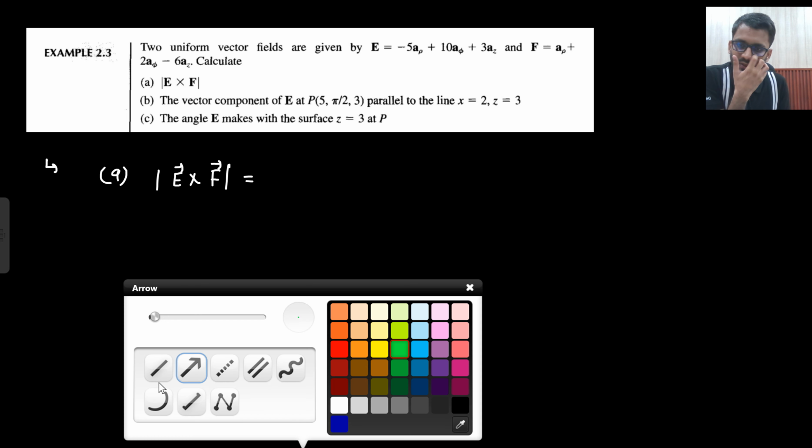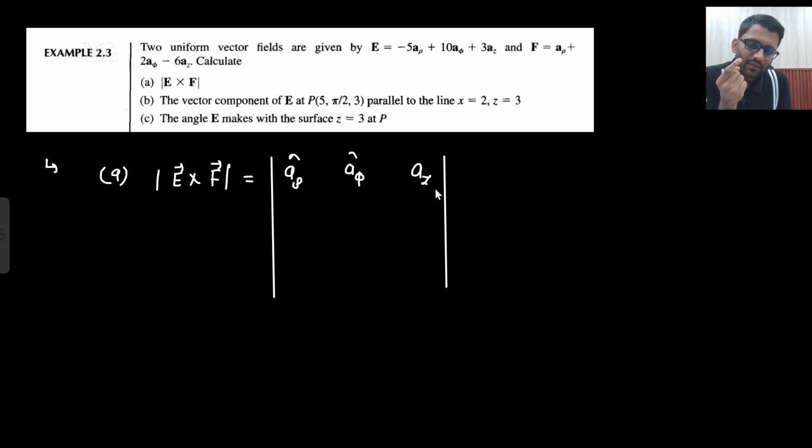E cross F. Okay. So how will I solve it? Both are denoted in same coordinate system, which is cylindrical. So rho, phi and z. E cross F they are asking. So first I will write -5, 10 and 3. Then 1, 2, -6. So what will come?